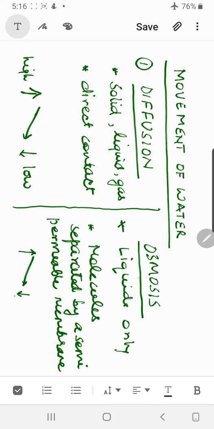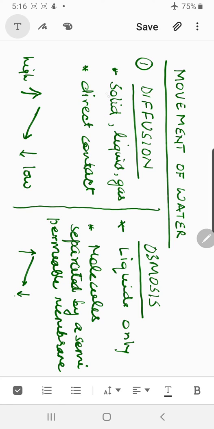Osmosis is also defined in the same manner. Movement of molecules from the area of higher concentration to the area of lower concentration. So the definition is coming out to be similar. What is the difference then? The first difference is that diffusion can occur in solid, liquid or gaseous states.